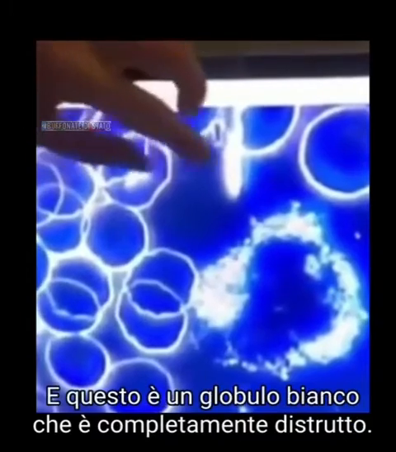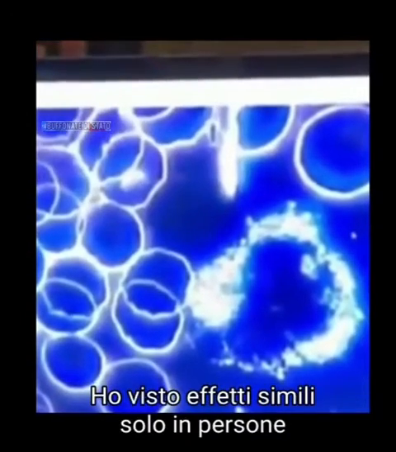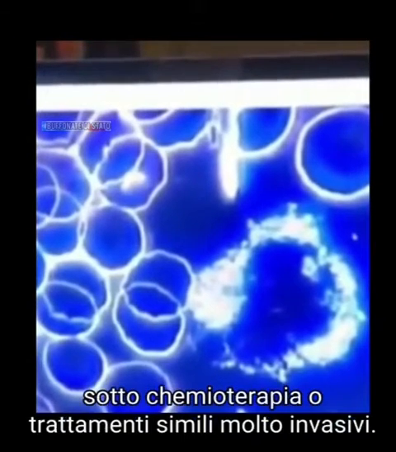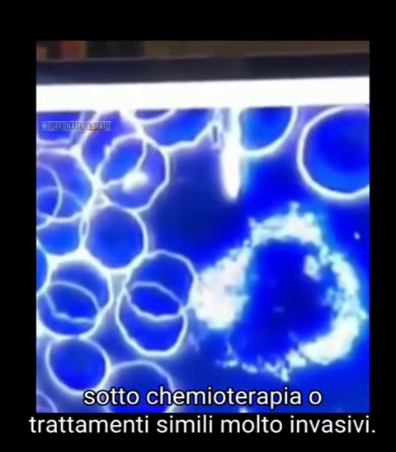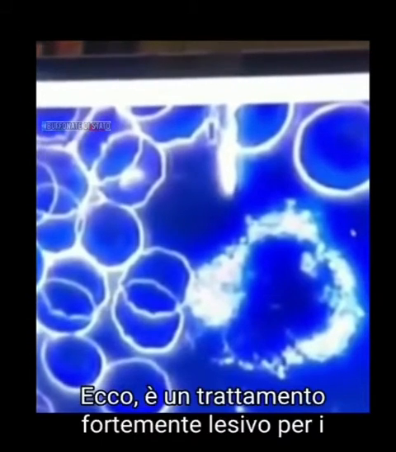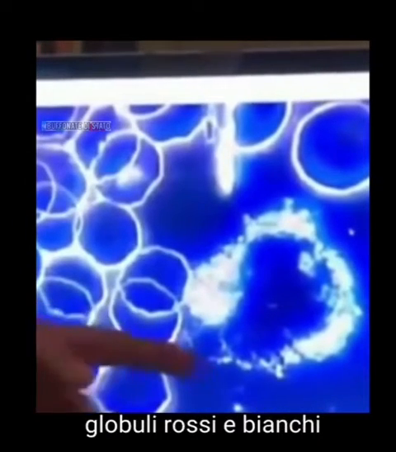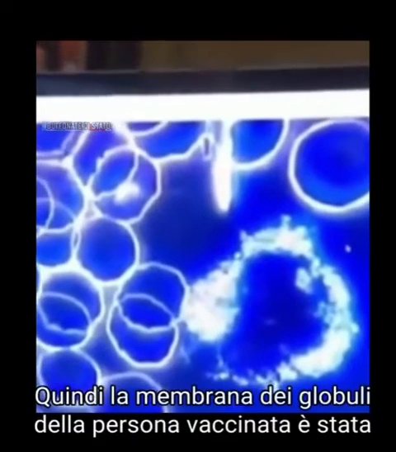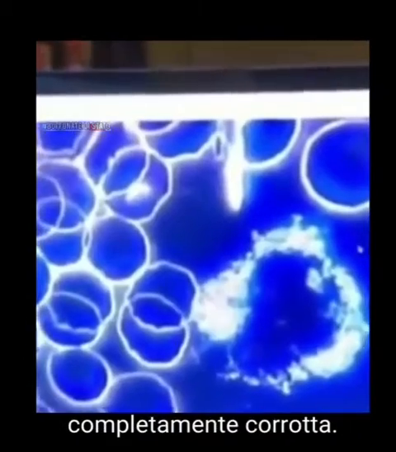And this is actually a white blood cell which is completely destroyed, which I have only seen in people after receiving chemotherapy or some kind of similar treatments that are very toxic. So again, it's very damaging to the red and white blood cells. Yeah, this is not normal. So the membrane of the blood cells in a vax person has been completely corrupted.